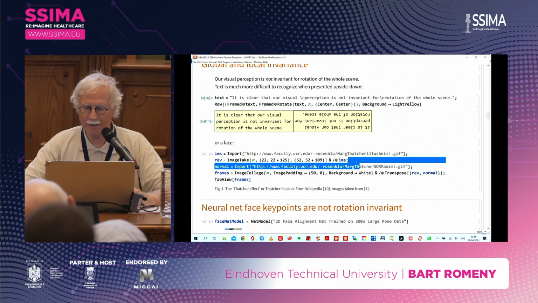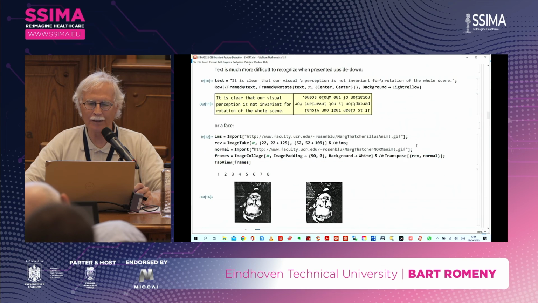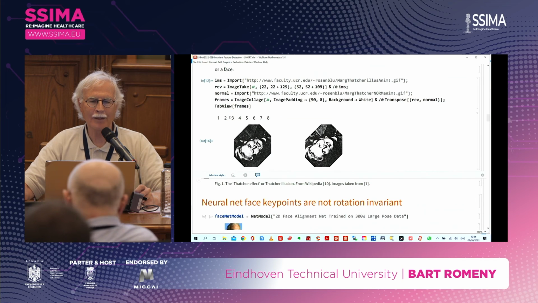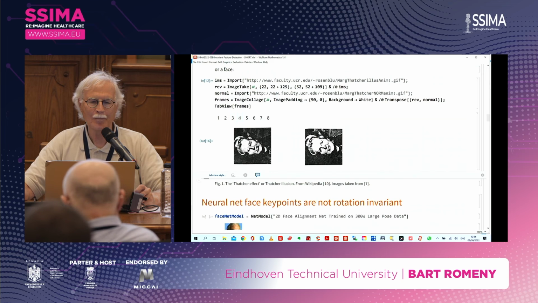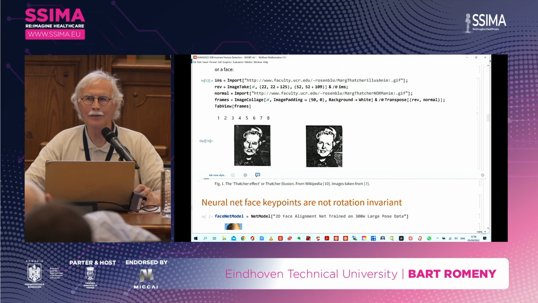And if you see, for example, Margaret Thatcher, it's a famous illusion that the lady is already long time ago, she was Prime Minister of the United States. This is a rotated version of her, if I change the rotation to more normal, you see the difference between the two.